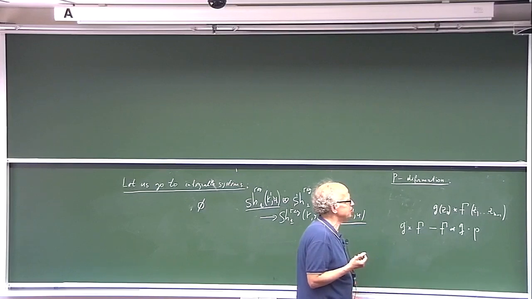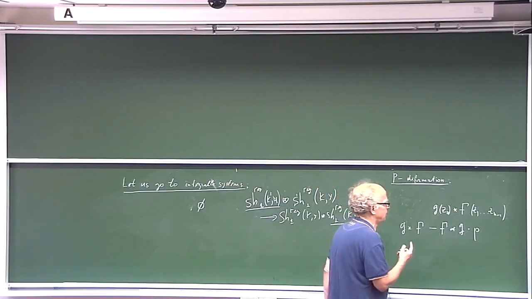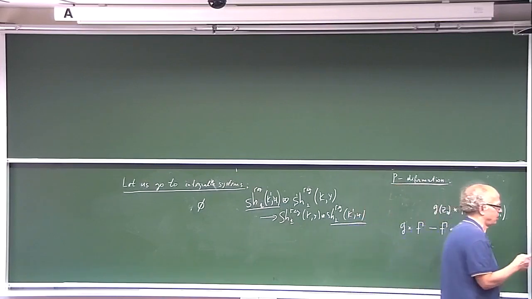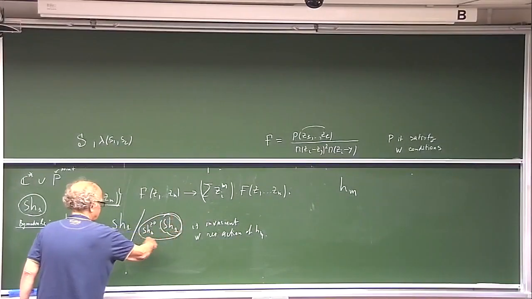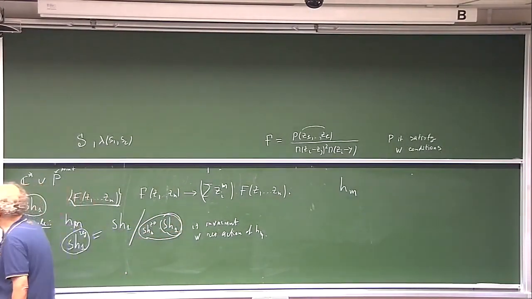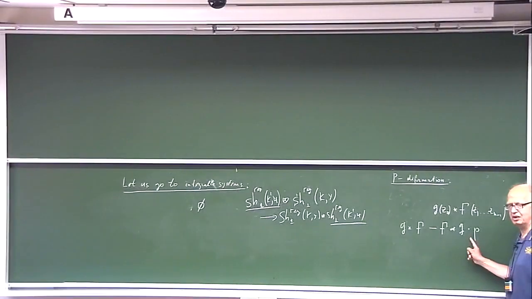So what does it mean? It is not evident, but if I make the quotient by this, we have some subspace here. But now this subspace is deformed, depending on p.